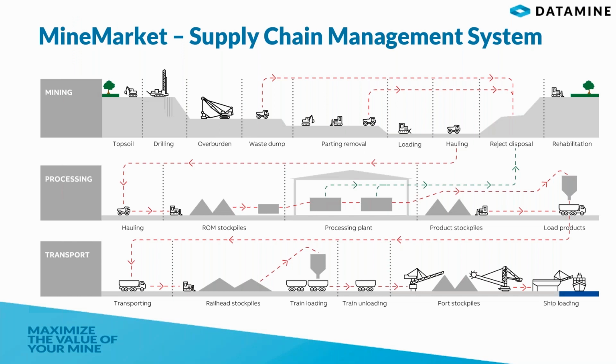Okay, during the session, I'll be using a coal mining company as an example for our exercises. Here we have the process flow of a generic mining operation. As you can see, as a supply chain management system, MineMarket tracks the movement of your material from the ores that you extract, the waste that you remove from either underground or open pit, to the raw stockpiles, through the processing plant, to the sellable finished product.